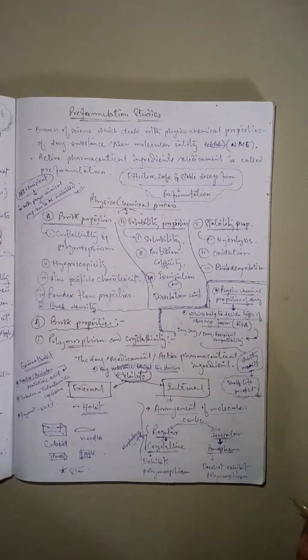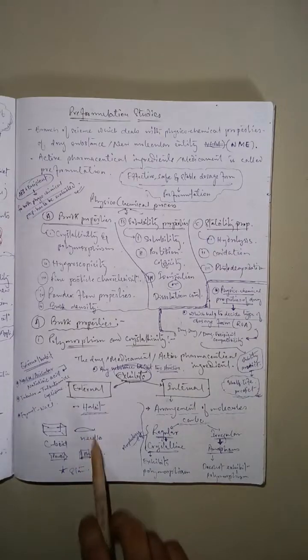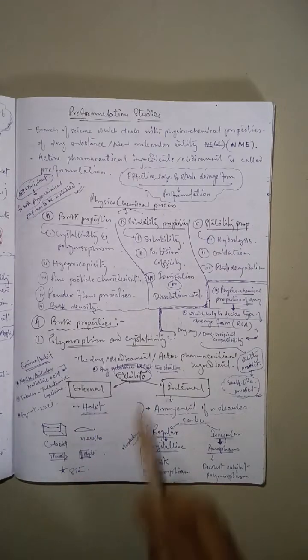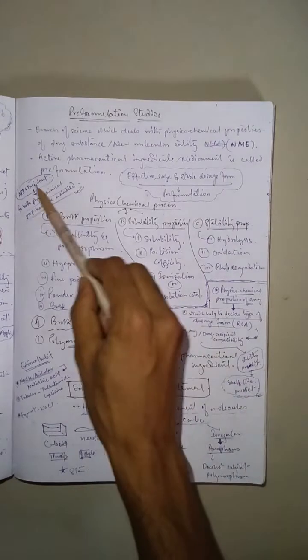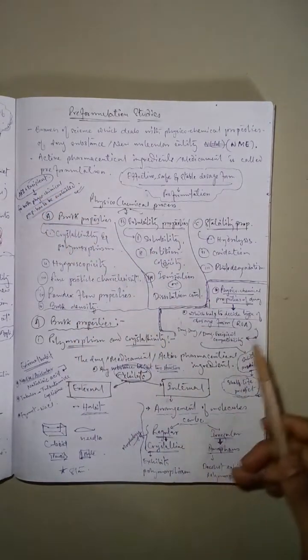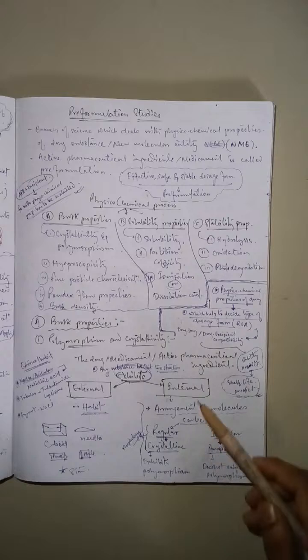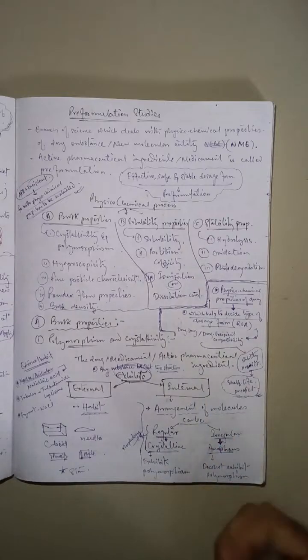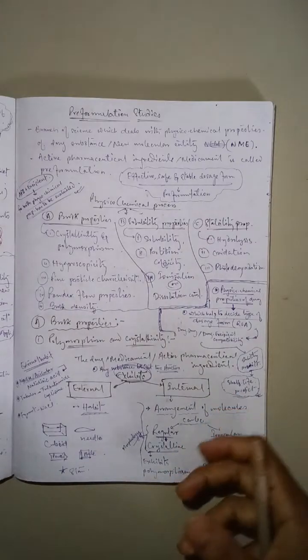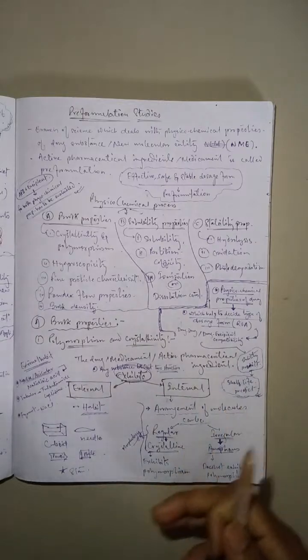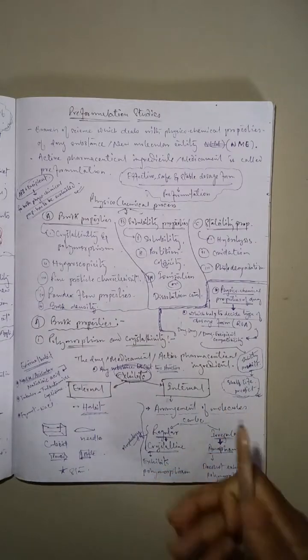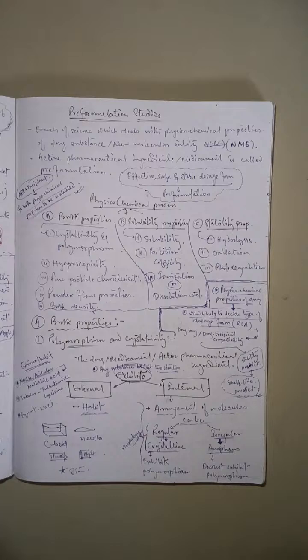So the active pharmaceutical ingredient will show the pharmacological action in the body, whereas excipients are the other things which don't show pharmacological action in the body, but they have an effect on the dosage form. How? Maybe they will mask the odor, or increase the density, or decrease viscosity, or increase solubility, and all these things.